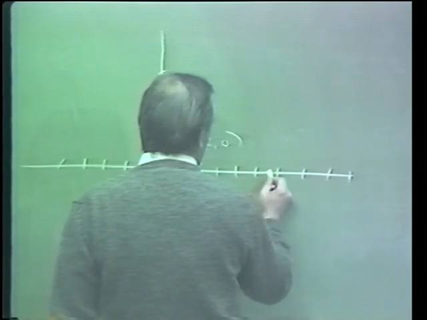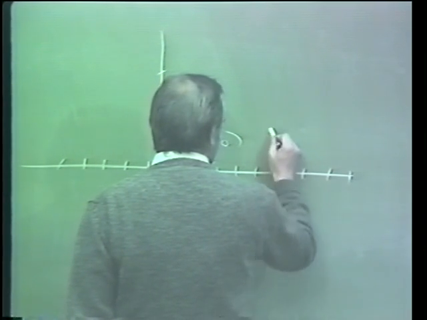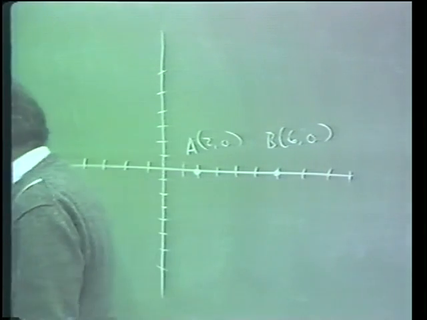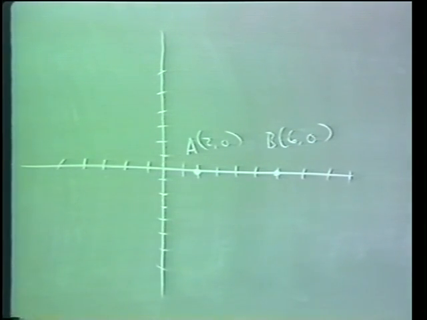I have the point B. B has the coordinates (6, 0). And suppose I asked you, what is the length of AB? What is the distance from A to B? How far is it from A to B?